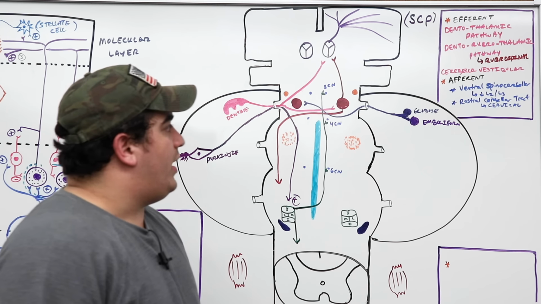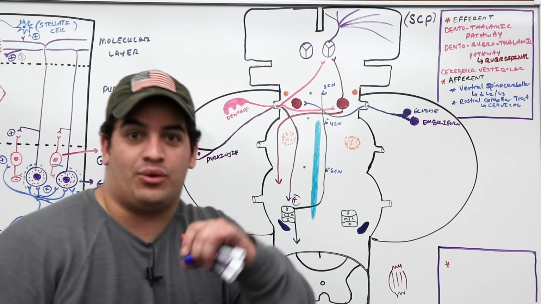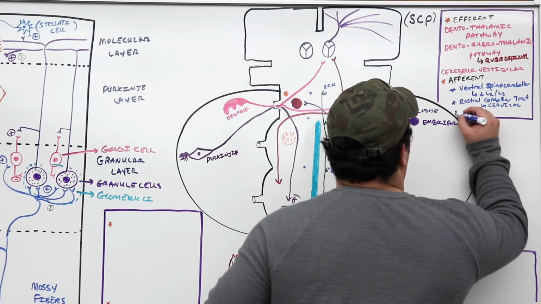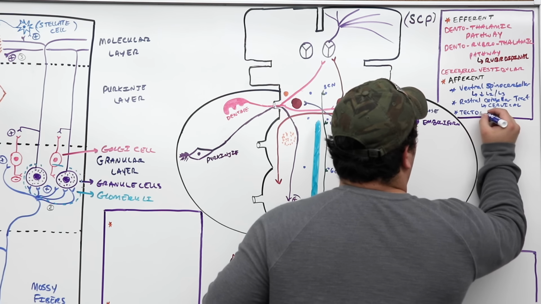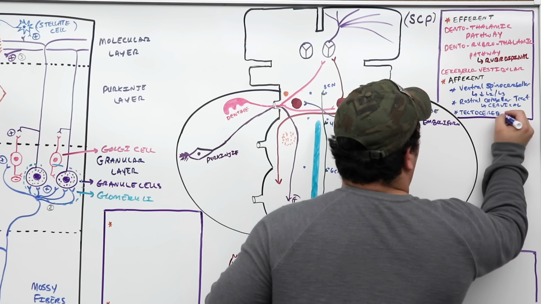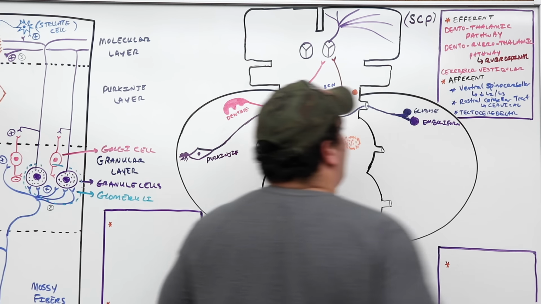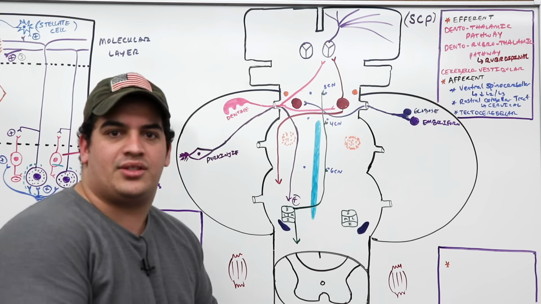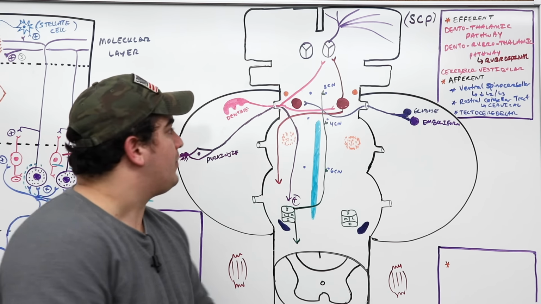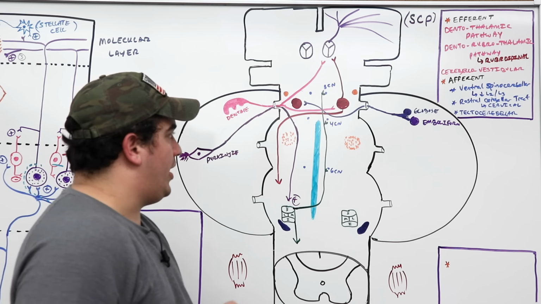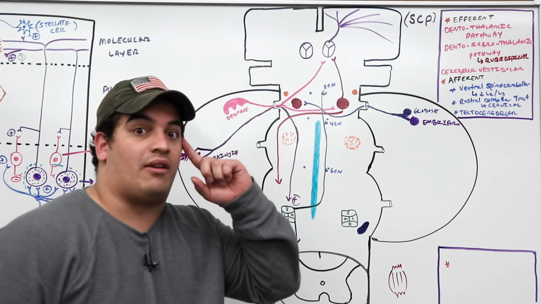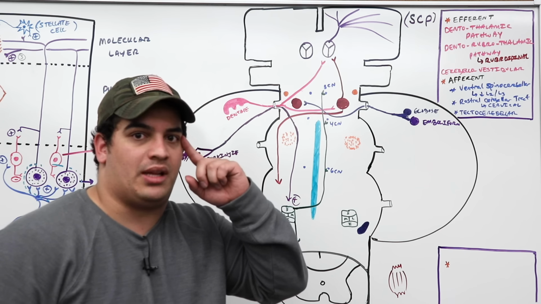And the last one is going to be the tectocerebellar tract. So the other one is going to be the tectocerebellar tract. Now, if you guys know, the tectum actually has the superior colliculus and the inferior colliculus. We're going to represent it with this brown little color here. The tectum receives information from our visual, superior colliculus is visual stimulus.